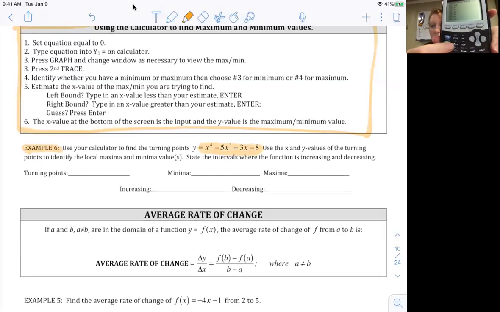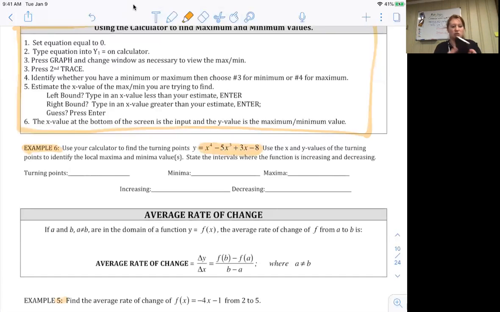X is this button right here. You're going to do X to the, use this arrow here, X to the 4th. I've got to find my 4. Then I'm going to arrow out and type the rest of it in: X to the 4th minus 5x cubed plus 3x minus 8.